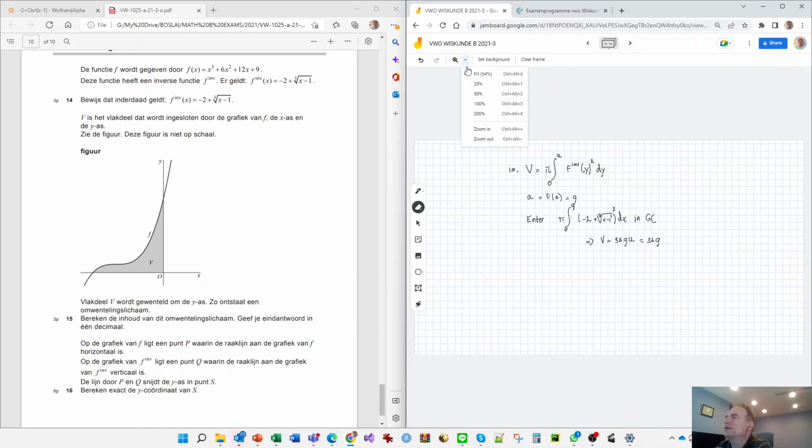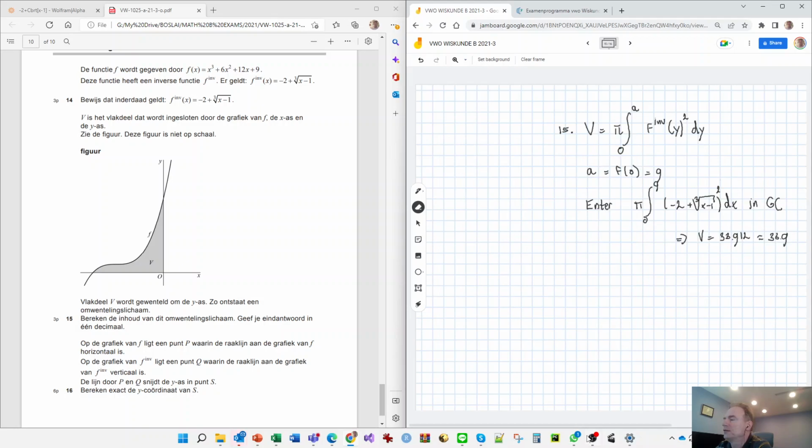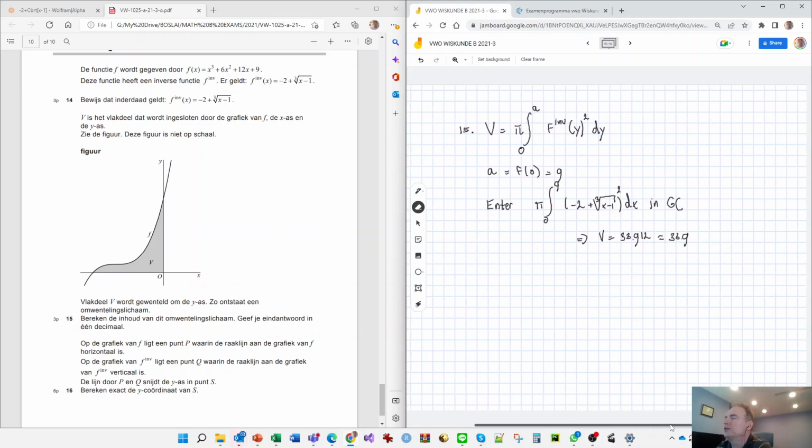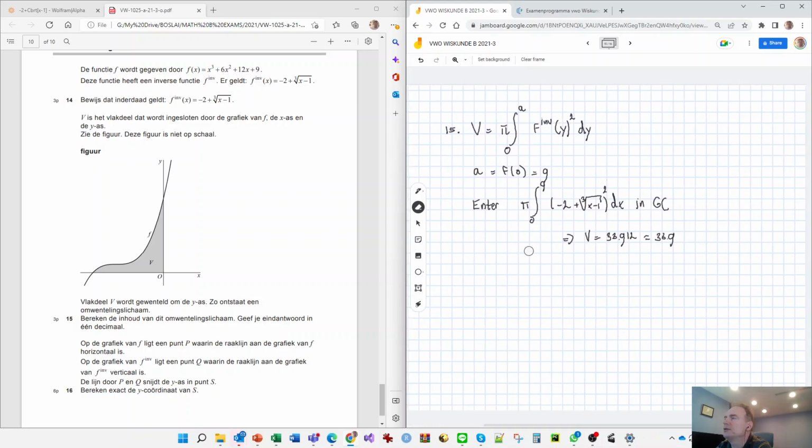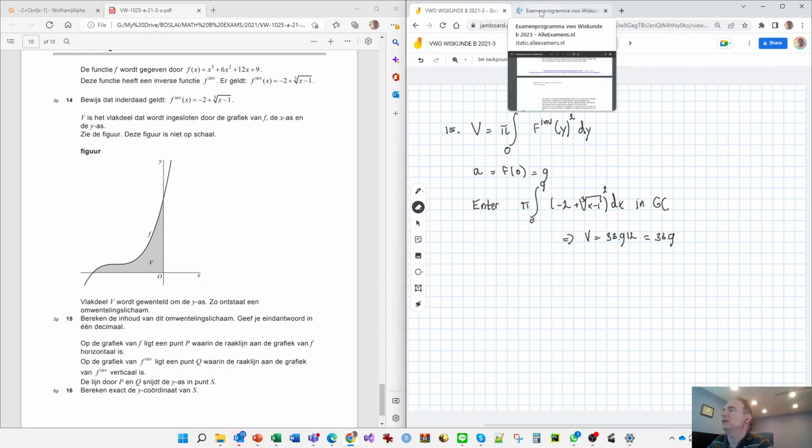Okay, this is actually the first time I saw that since going over the 21 and 22 exams. But it is listed in this examenprogramma, and you basically need to integrate from 0 to y of the inverse function, and each slice will pick up a pi r squared.